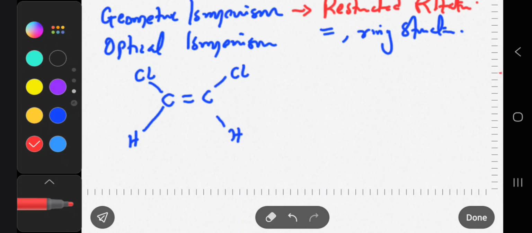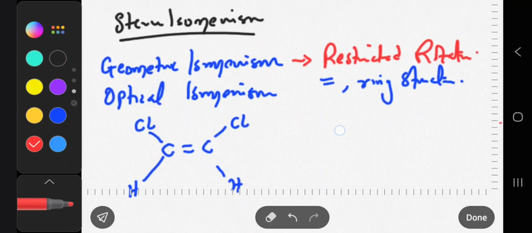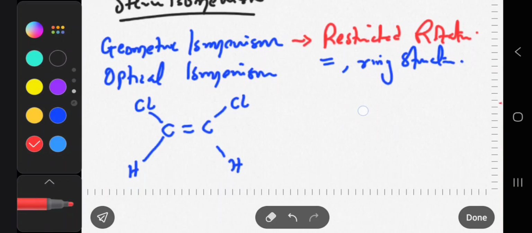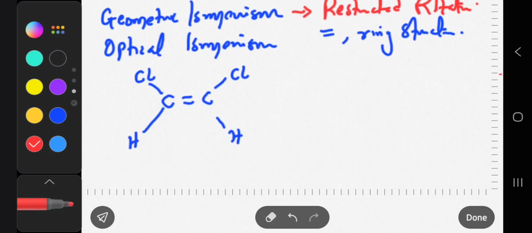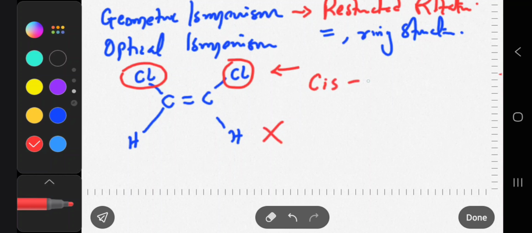So there's restricted rotation in this case because it's just one plane, right? If you look closely, you get to see that the chlorine, these identical groups, because the groups have to be identical, okay? When the identical groups are on the same side, you see all of them at the top, none at the bottom. So we tend to say this is a cis isomer.